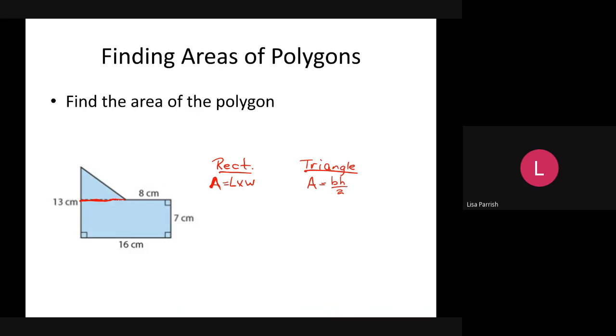All right, so the first thing we have to do is find the dimensions of this rectangle. Now, that can be a little tricky because we've got numbers kind of everywhere. So one thing I recommend, and you can't see me doing this from home, but if I was in class or if I had this on a worksheet, I would take my hand, or a piece of paper or something, and cover the triangle.